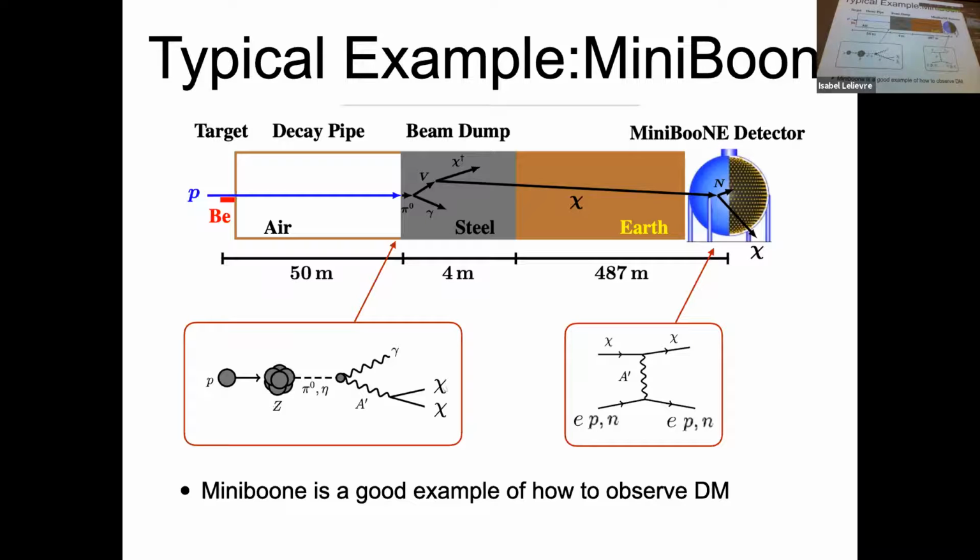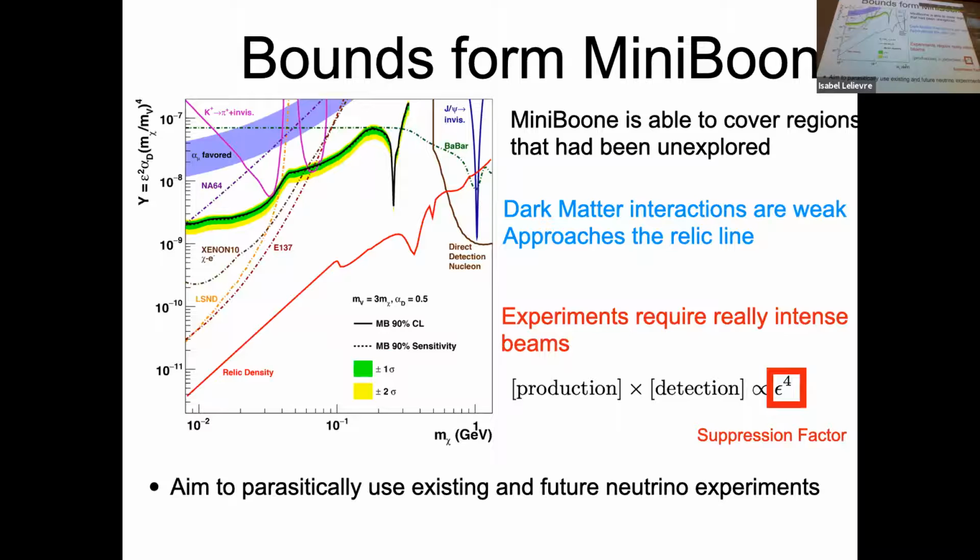MiniBooNE very recently came out with this very nice result. Again, the y-axis is this y variable that everybody likes to use. The x-axis here is the dark matter mass. We're making the mediator mass 3 times the dark matter mass, and using a dark coupling of 0.5.